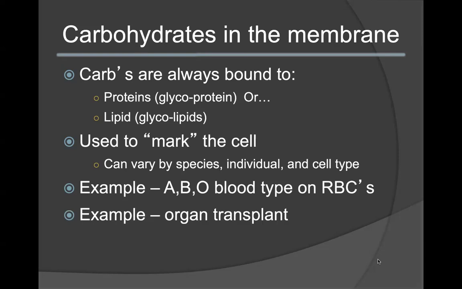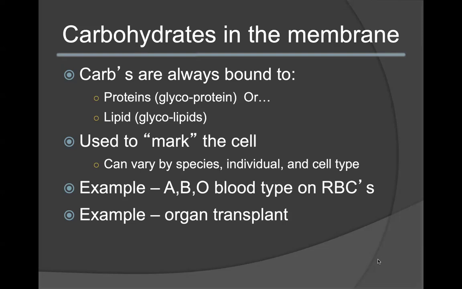Another good example is an organ transplant. When a person undergoes an organ transplant, it is the carbohydrates on the transplant organ that can cause an immune response in the host. As a result, when a person undergoes an organ transplant, they typically first undergo cell type matching to ensure that you have a compatible match between the donor tissue and the host tissue.